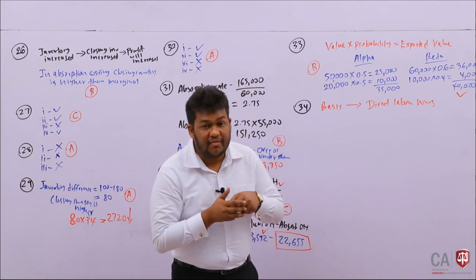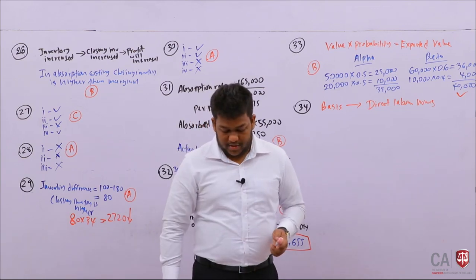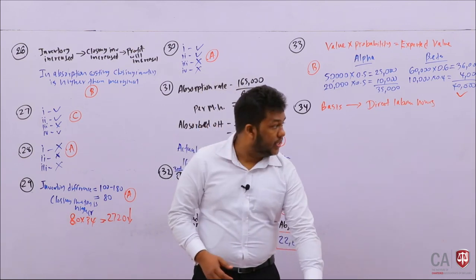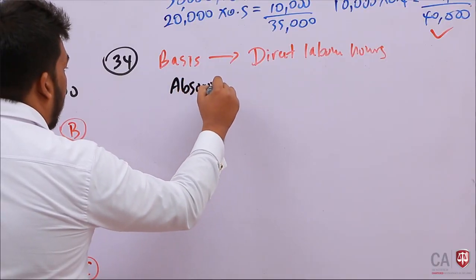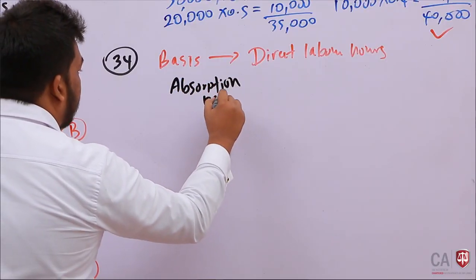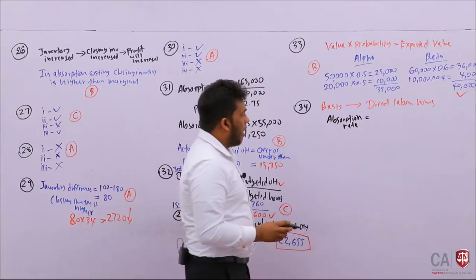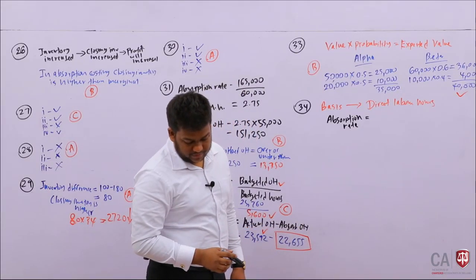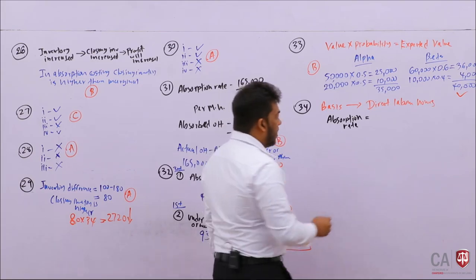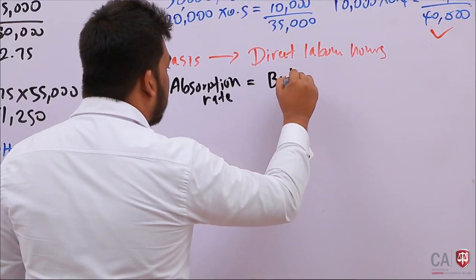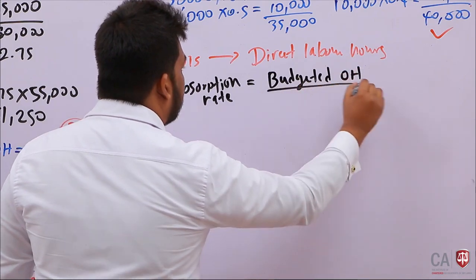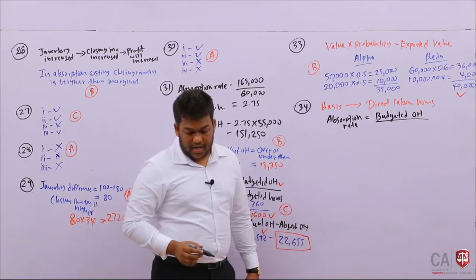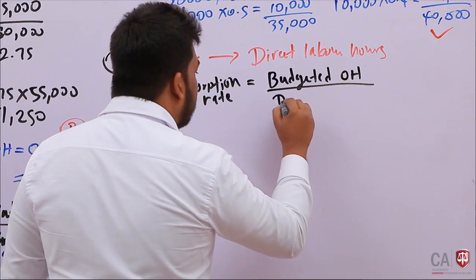If the cost is the same, then okay. So absorption rate equals budgeted overhead divided by direct labor hours.